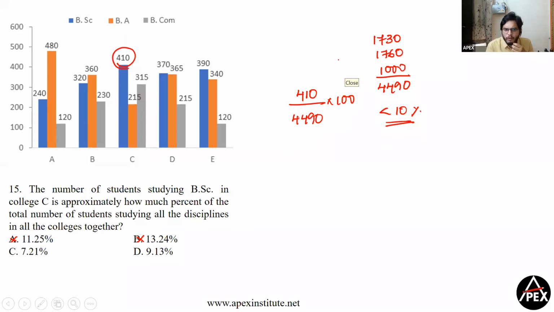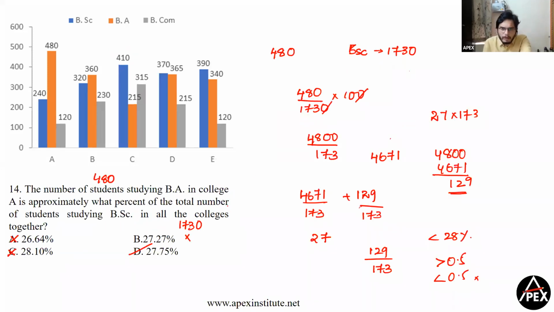Yeah, you can also take 480 as 500 and 1730 as 1750 also. But let's see. But okay, you cannot take it. Why I will tell you? Because you have very close values in options. For example, if you approximate, if you get 27 point, let us say 40 or 45 or 27.5 as your answer, then which will you consider?